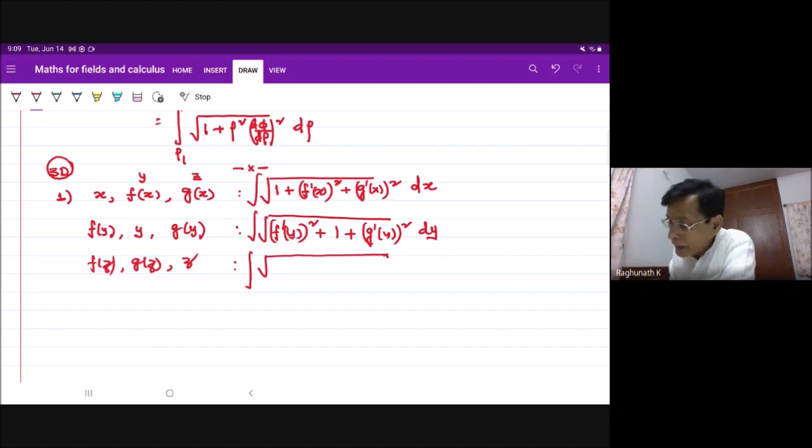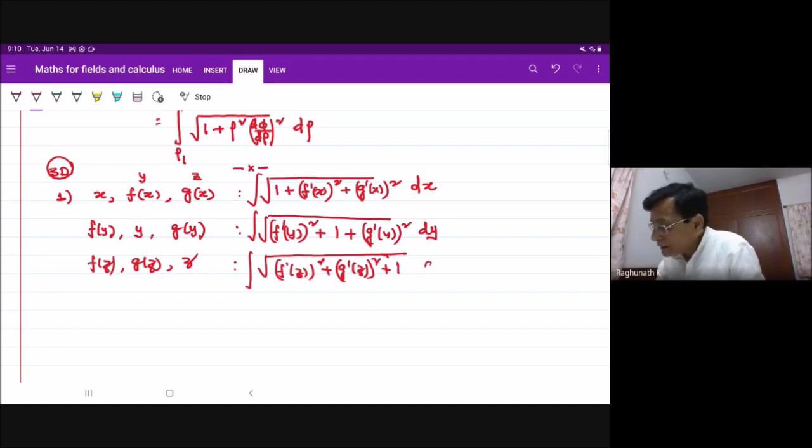First one will have x limits, next one y limits, next z limits, because they are independently defined like that. This is root of f dash of z squared plus g dash of z squared plus 1 dz. Or they can talk about this also.